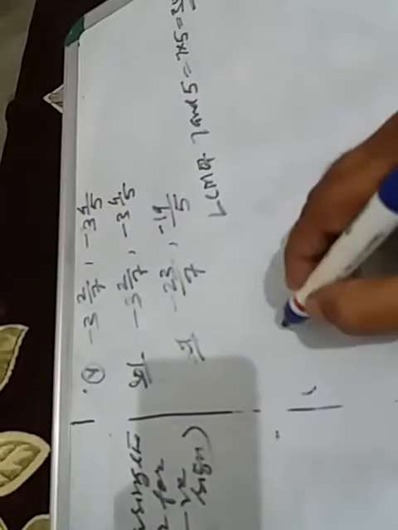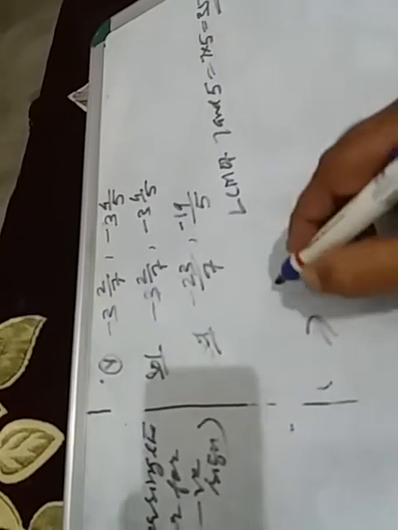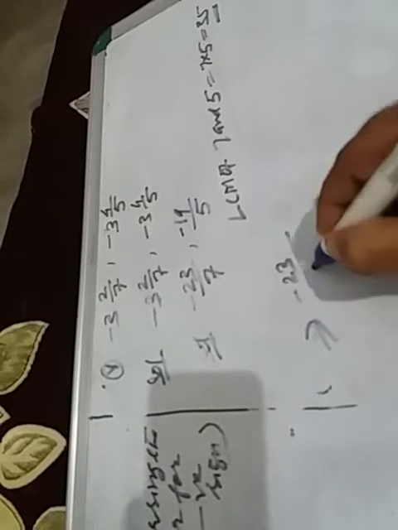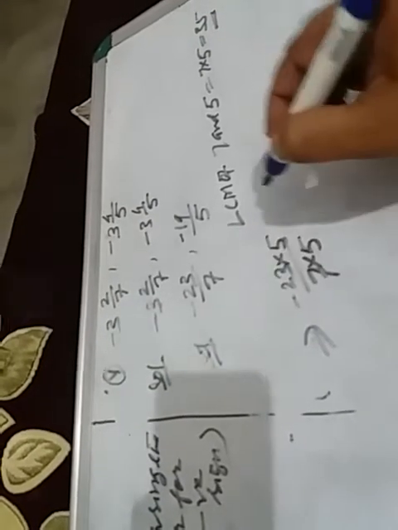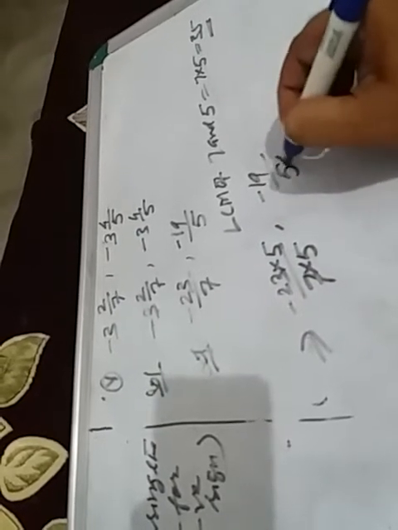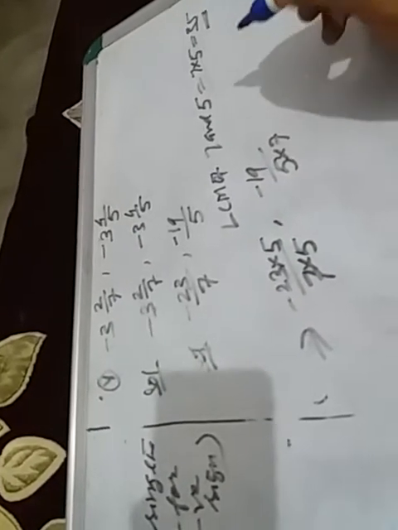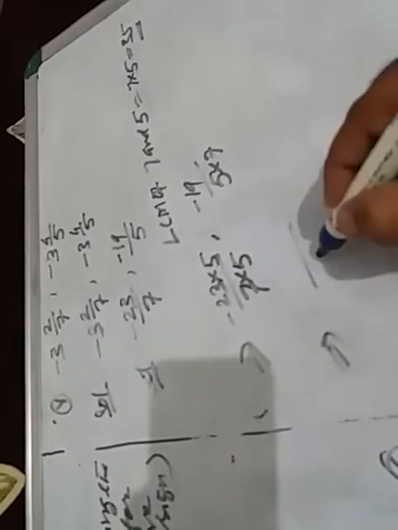So now make both the denominators equal to 35. Minus 23 upon 7 into 5, same operation here, minus 19 upon 5 into 7. 7 times 5 is 35.